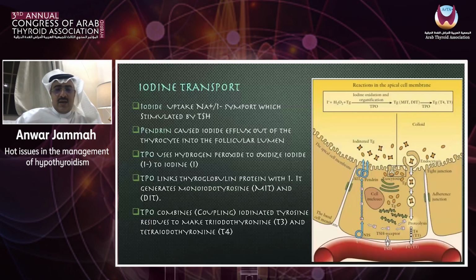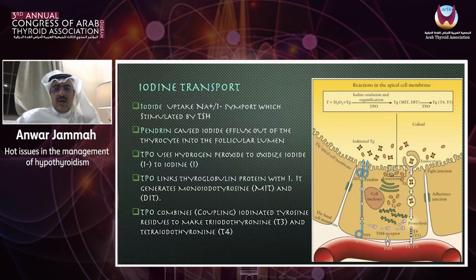To talk about hypothyroidism, you have to talk about iodine. It comes together. For a long time, iodine has been associated with hypothyroidism. When we talk about iodine transport, the iodine is taken up by the sodium iodide symporter, then pendrin takes the iodine from the cells into the colloid.